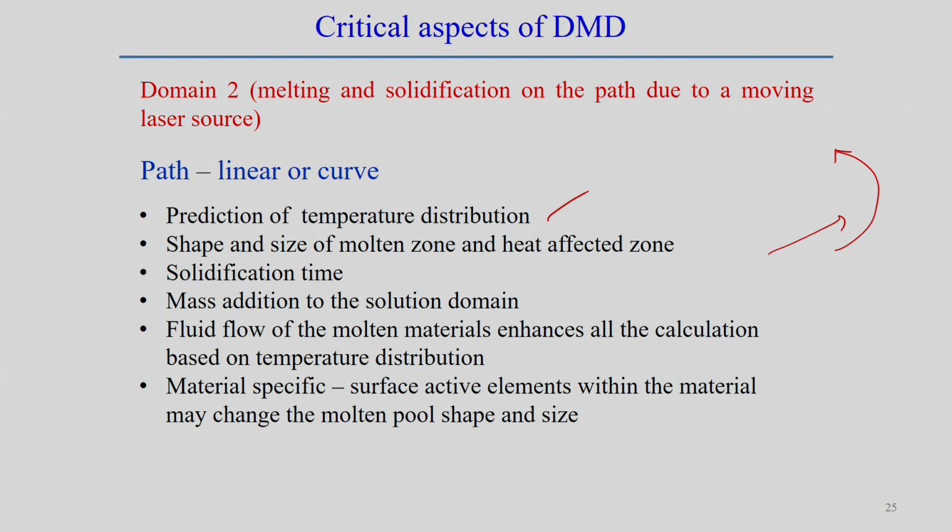Also, if we use any kind of surface active elements within the material, it may change the molten pool shape and size. In those cases fluid flow will help to determine the shape and size of the molten pool, specifically when the powder is projected and melts in domain 2.